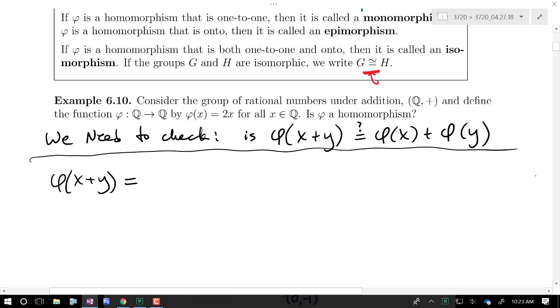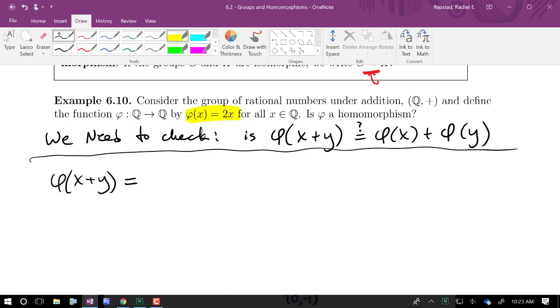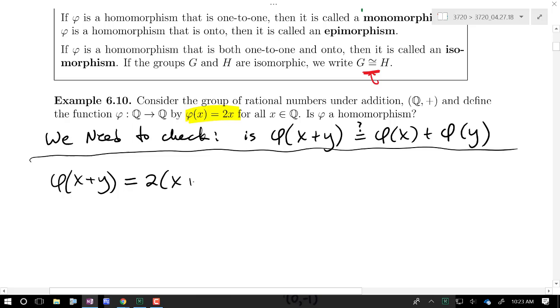Okay, so we need to check if this is true. So now let's work with phi of x plus y. This function, I'm just going to use how the function's defined here. Phi of x is 2x. So whatever the input is, we're going to double it. So we know that this is 2 times x plus y.